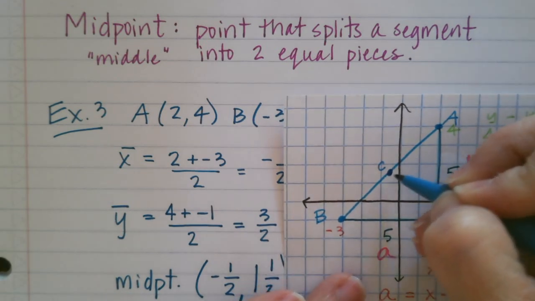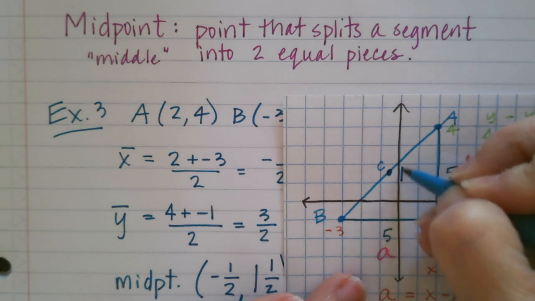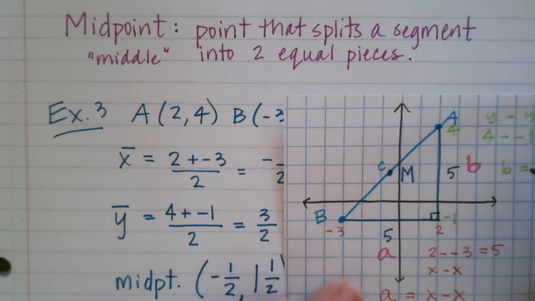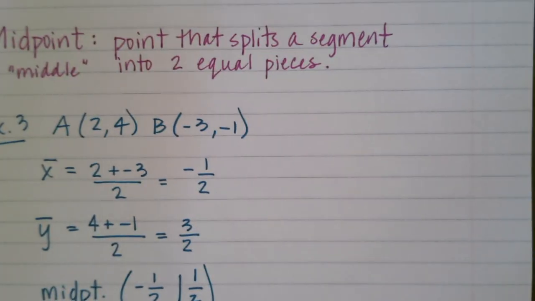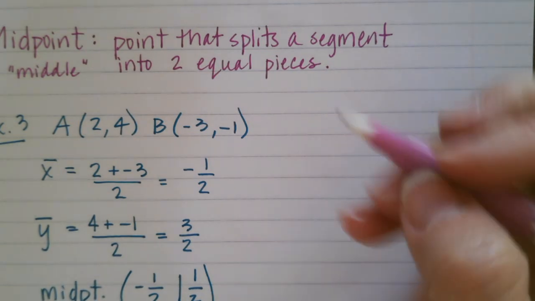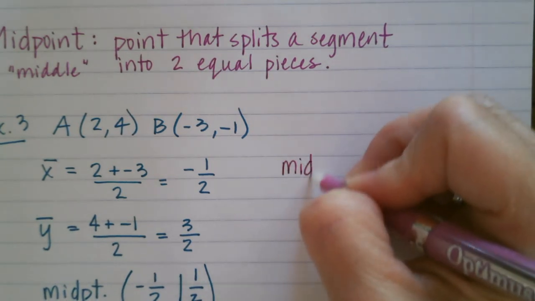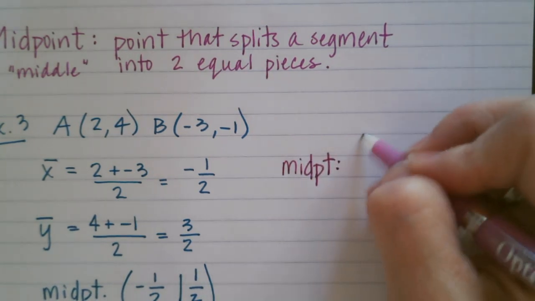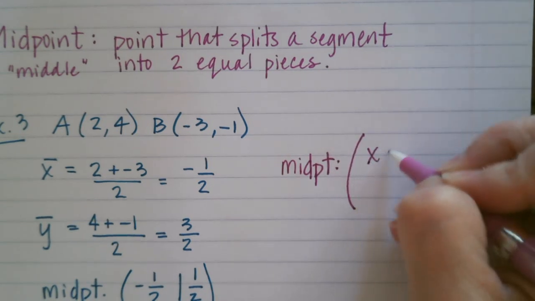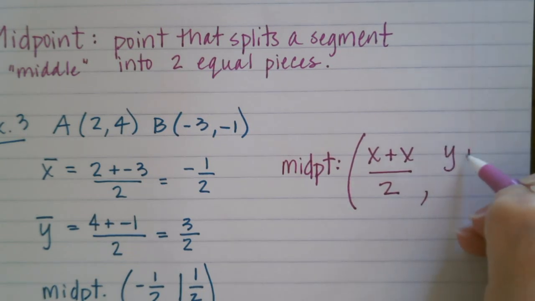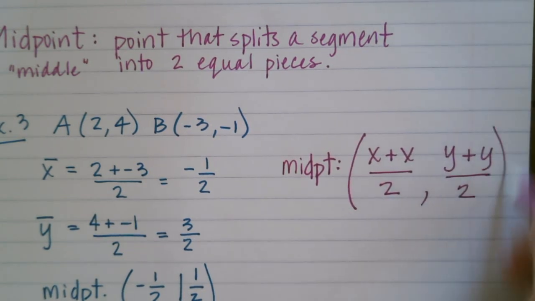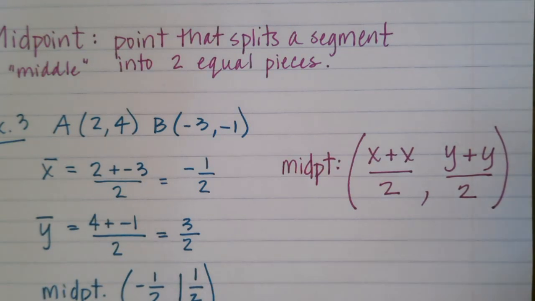A lot of times we call the midpoint M. I'm going to call this point M. So midpoint's really easy. You just average the x's and average the y's. Here is what the formula for the midpoint looks like. The midpoint is, we're going to average the x's, and we're going to average the y's.